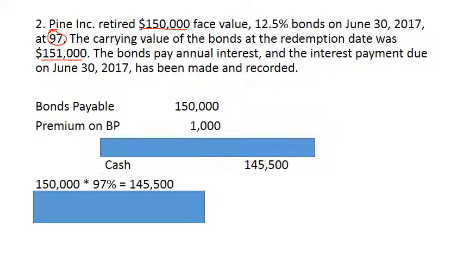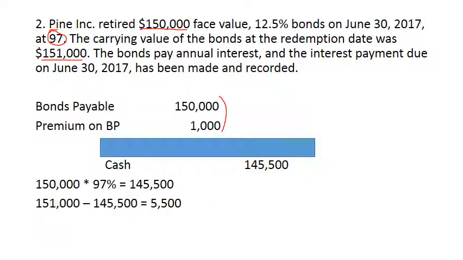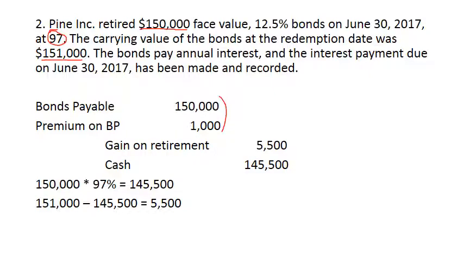So we paid cash of $145,500, and then we have to have the debits equal the credits. So the debits are $151,000, and we need our credits to be $151,000. So we need another credit of $5,500, and because that's a credit, it's going to be a gain on retirement. So now our debits are equal to our credits. So we're all done.